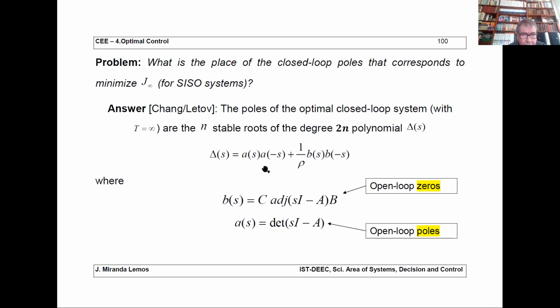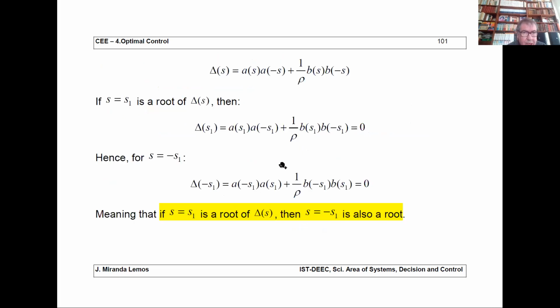And furthermore, if you have one root of this polynomial, you also have another root, which is a reflection according to the imaginary axis. That is to say, suppose that s1 is a root. So if s1 is a root, then this means that if you replace s by s1, you get 0, the polynomial delta of s1. Now, consider now that s is equal to minus s1. So compute delta of minus s1.